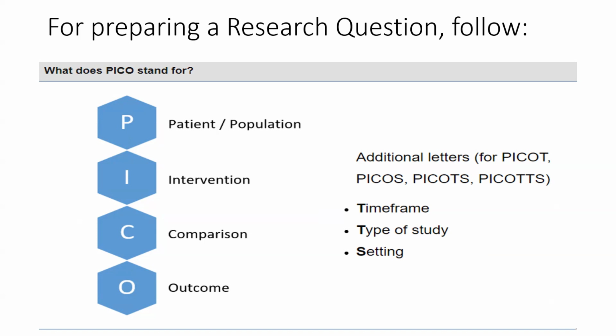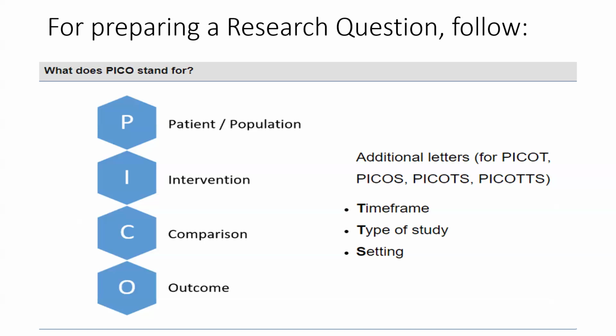Some people say PICO, some say PICOT, PICOS, PICORS. So either you follow any type of PICO or anything else. You have to focus on your population, your problem, your patient, how you are taking all those things.